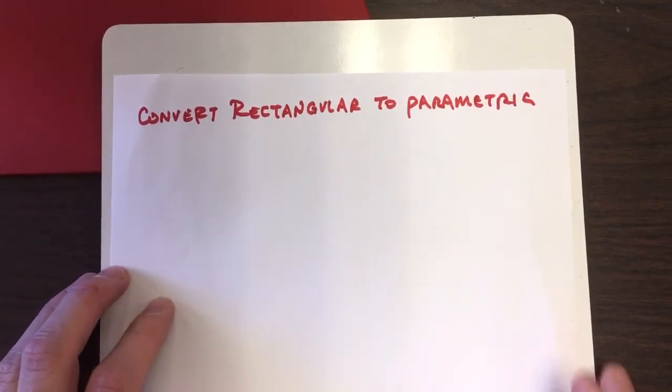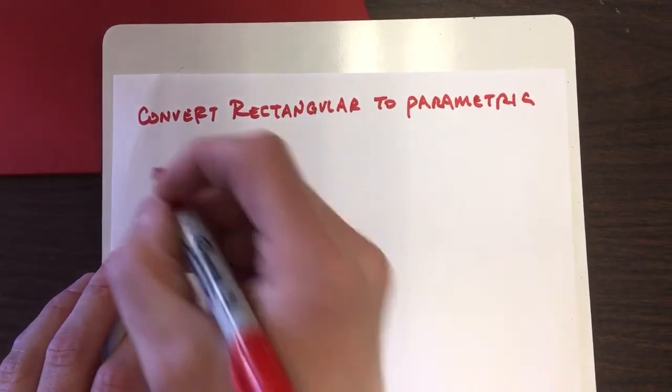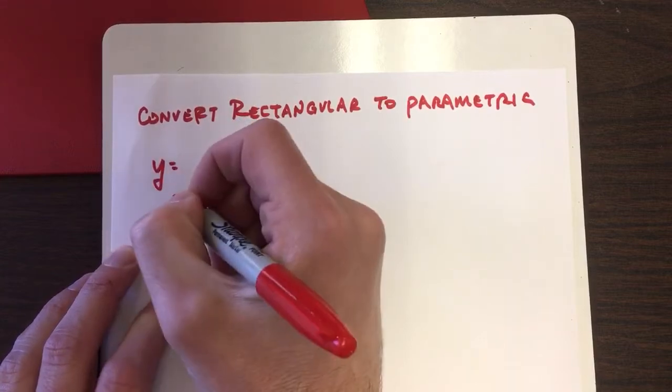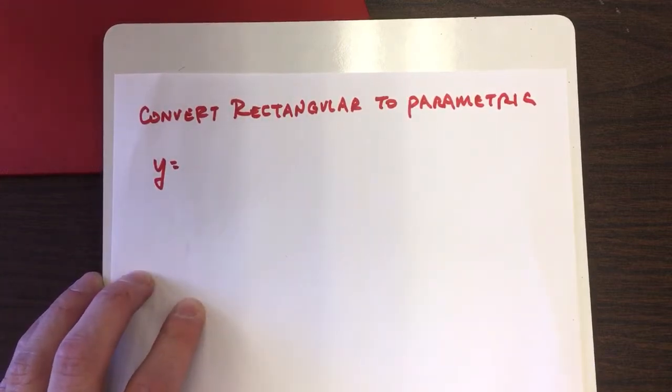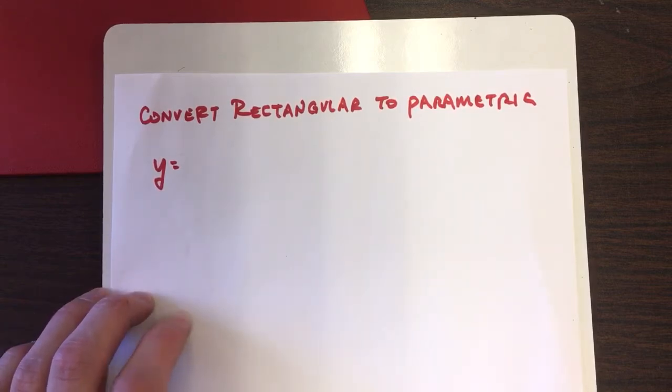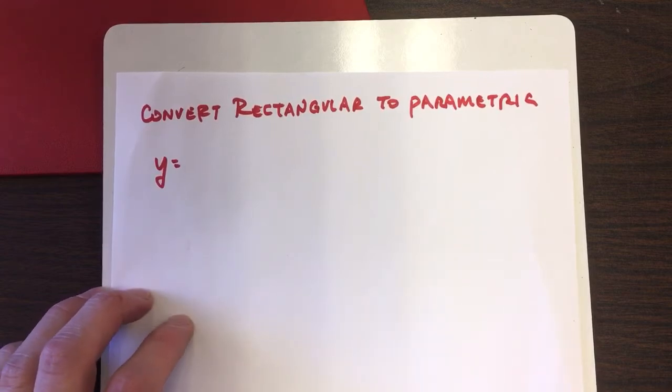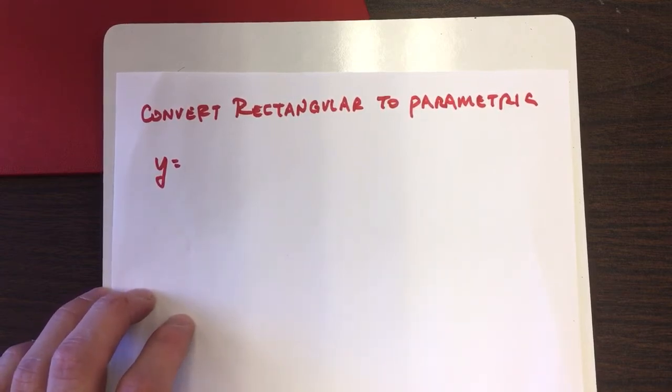Let's convert rectangular to parametric. Y equals. What's our favorite kind of function? Just a line? What's our favorite kind of curve? Parabolas? Quadratics? Infinity curves. A lemniscate? Lemniscate's easy, not easy for this.